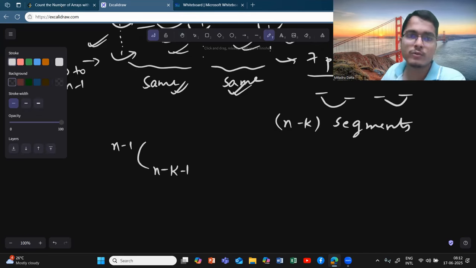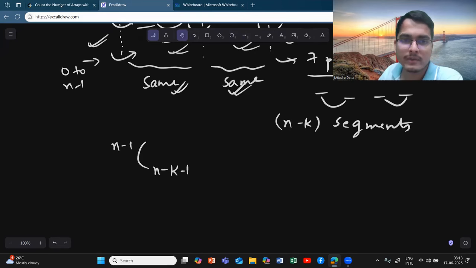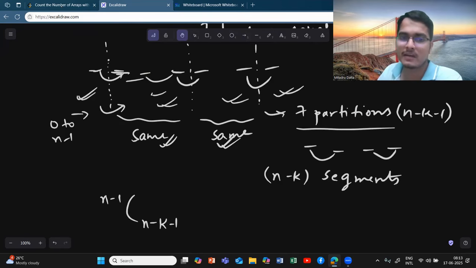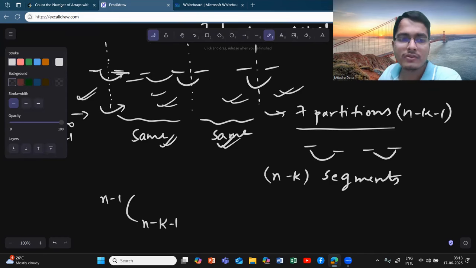This is a combination. I hope you know all the combinatorics stuff. I'm just assuming that you know what nCr means. So out of these n minus 1 possibilities, I am choosing n minus k minus 1 possibilities. So I have chosen all the partitions.